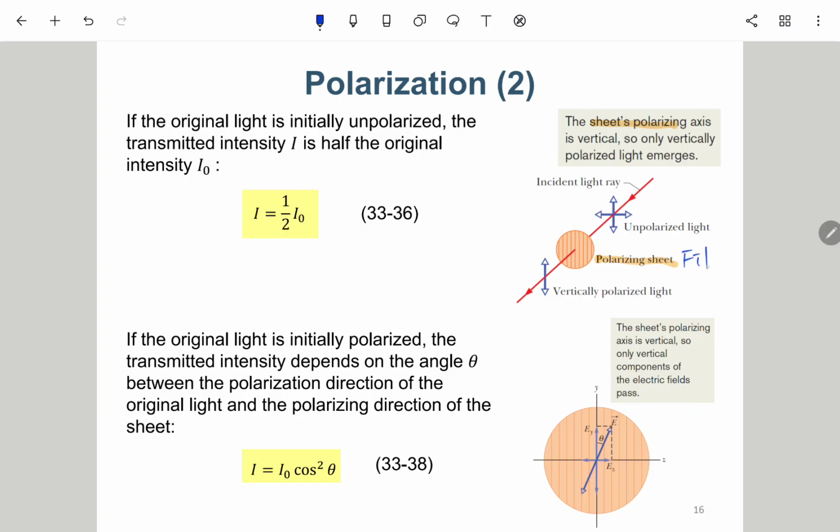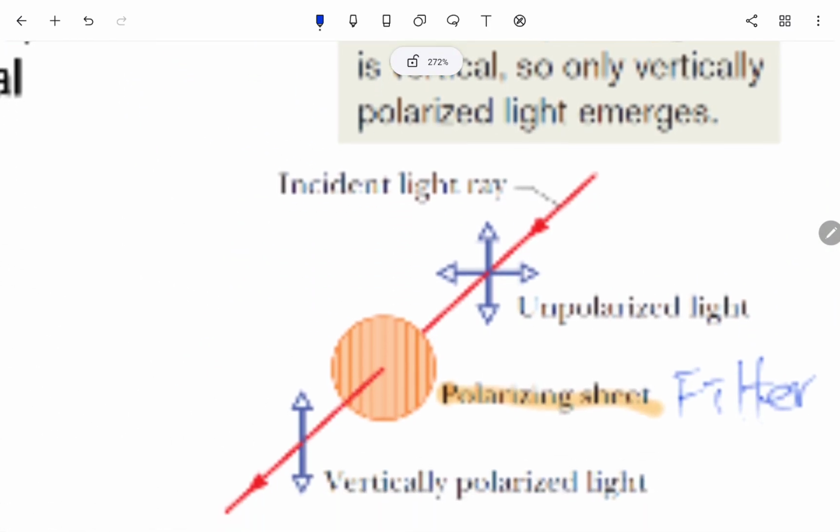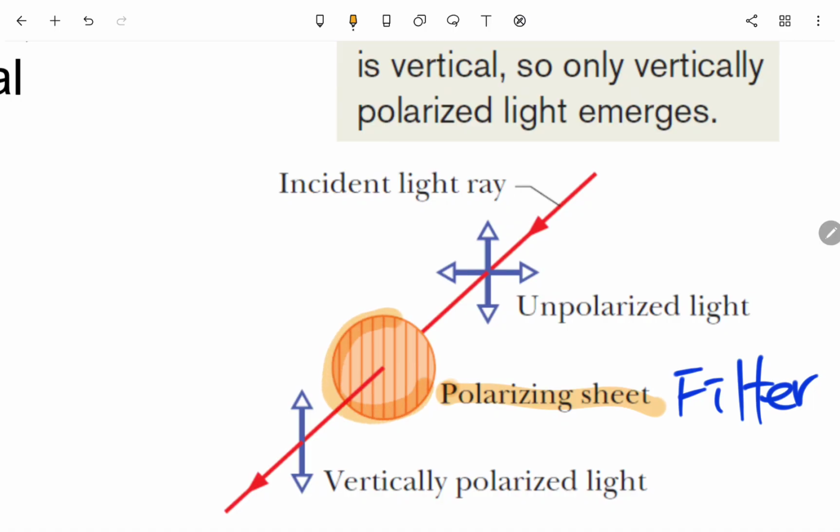Polarizing filter 就是一个滤波器或者滤光器. If unpolarized light goes through a polarizing filter like this, after going through it, the light will only align vertically.